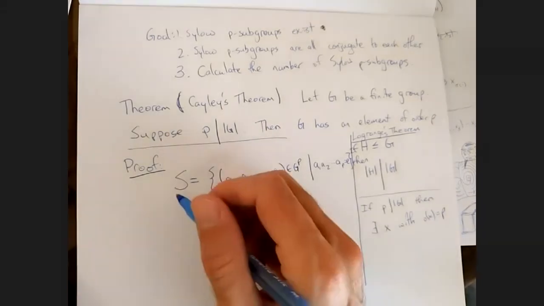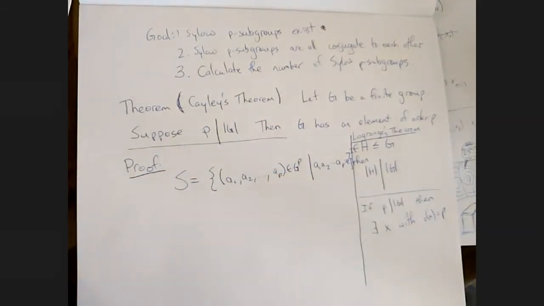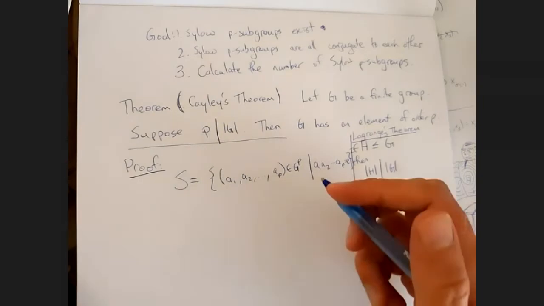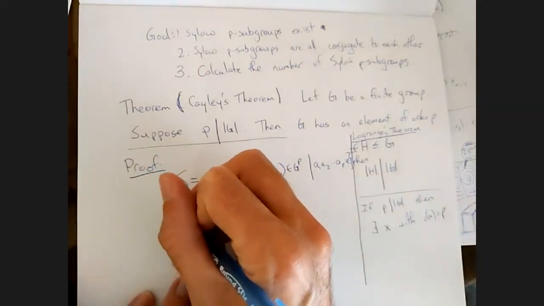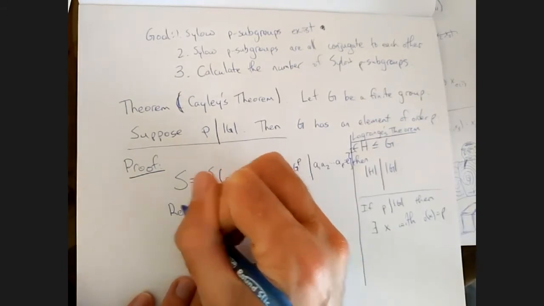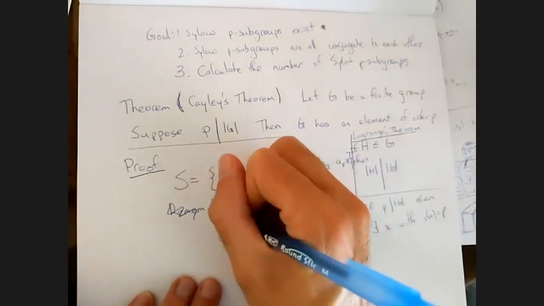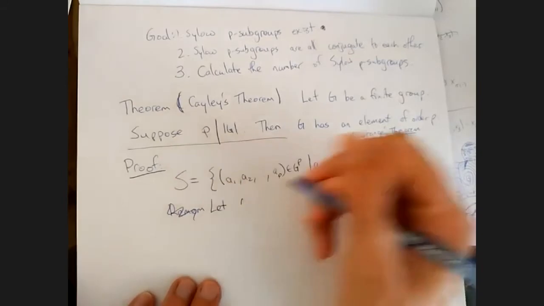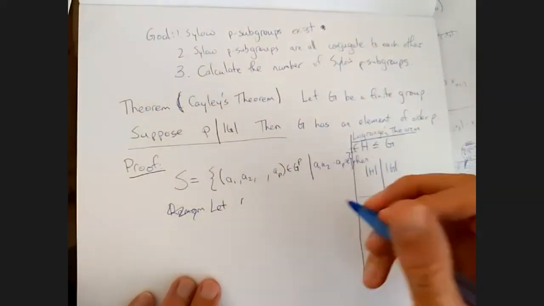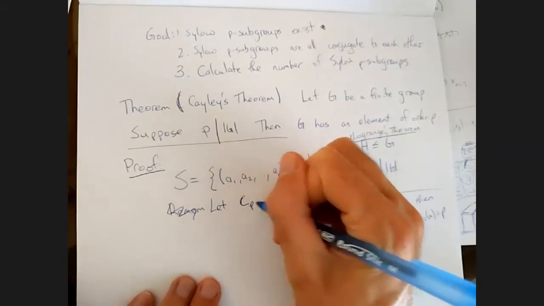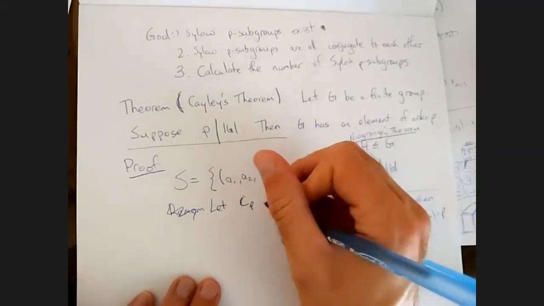And this is our set, and then we also need a group. In fact, we don't use G, we just use, remember, so we let C_p be the cyclic group with p elements.